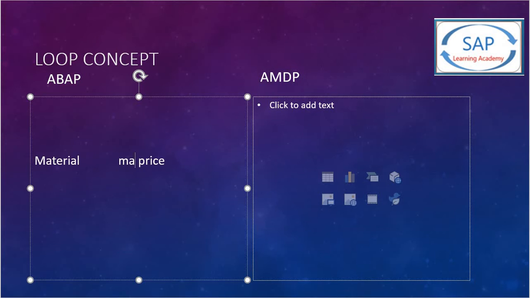In one table you have material and other attributes, and the other table has the data like material and price, and now you want to loop the first table into the next table and populate the price into your result set.